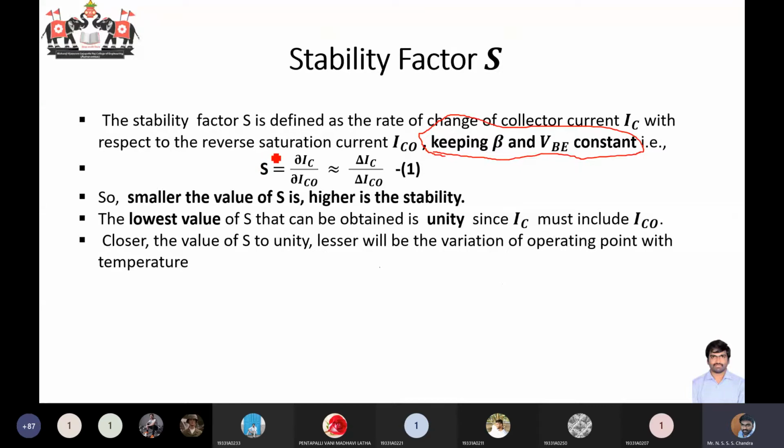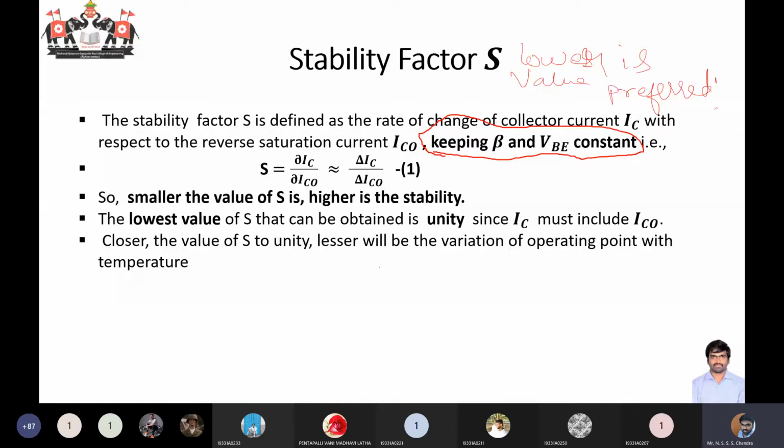So which value is always preferred, a high value of S or a low value of S? The stability factor with the lowest value is preferred. If your circuit has a very low stability factor S, it's a very good circuit.